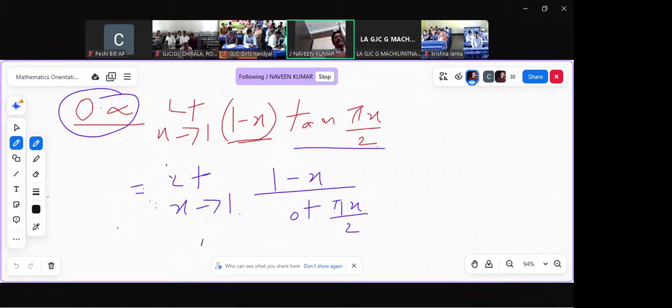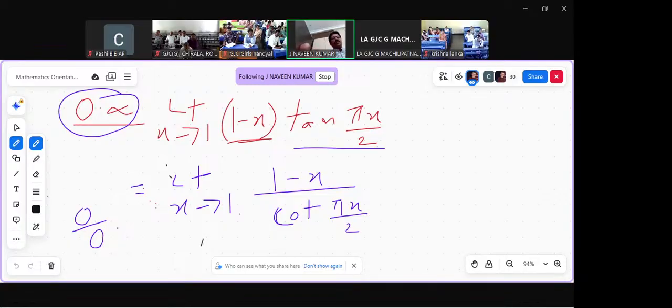If you observe, the question is now in the form of 0 by 0, and whenever it is in the form of 0 by 0, you can use L'Hopital rule or L'Hospital rule, whatever. Then you will get the answer.